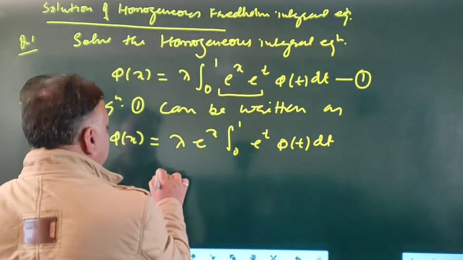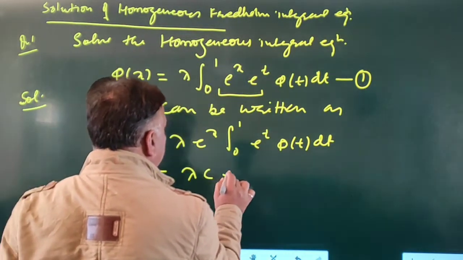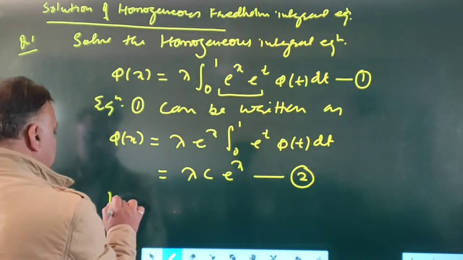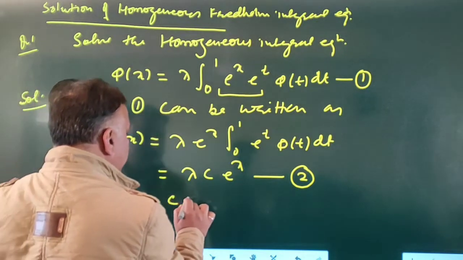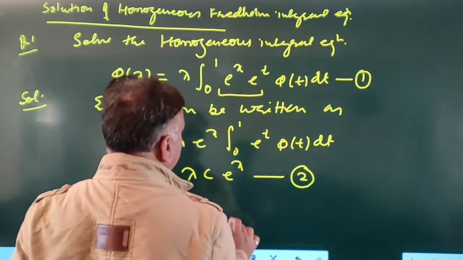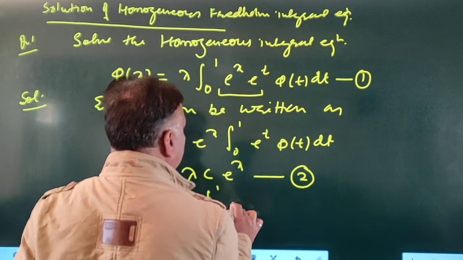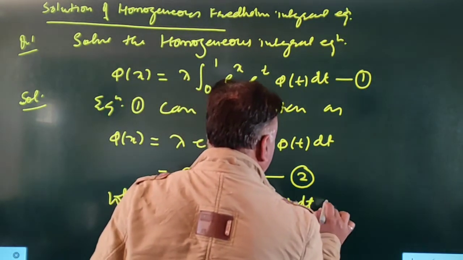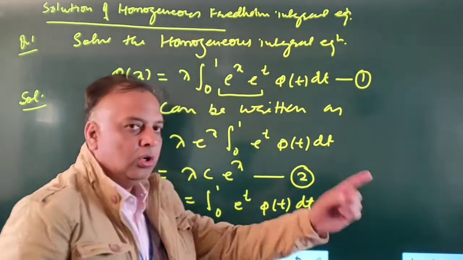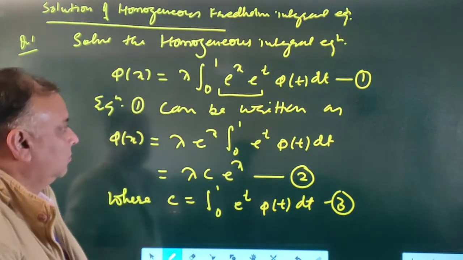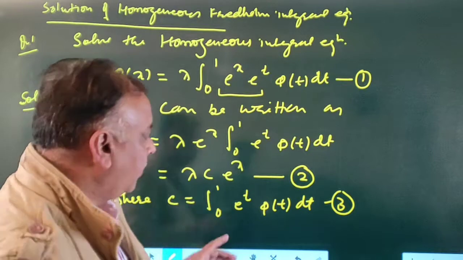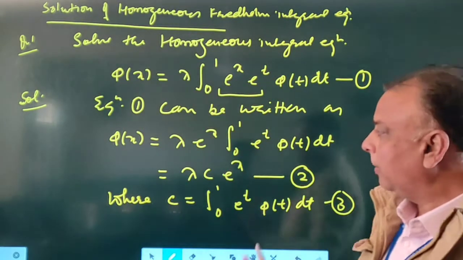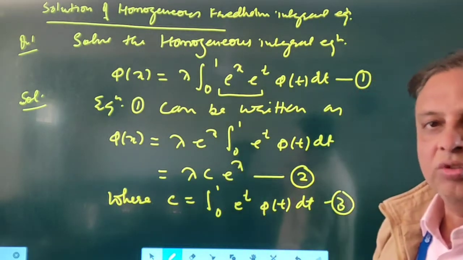Now this can be written as lambda into c into e raised to x, number 2, where c is equals to integral 0 to 1 e raised to t phi t dt, number 3. So the solution of the homogeneous integral equation is given by equation number 2, phi x is equals to lambda c e raised to x.